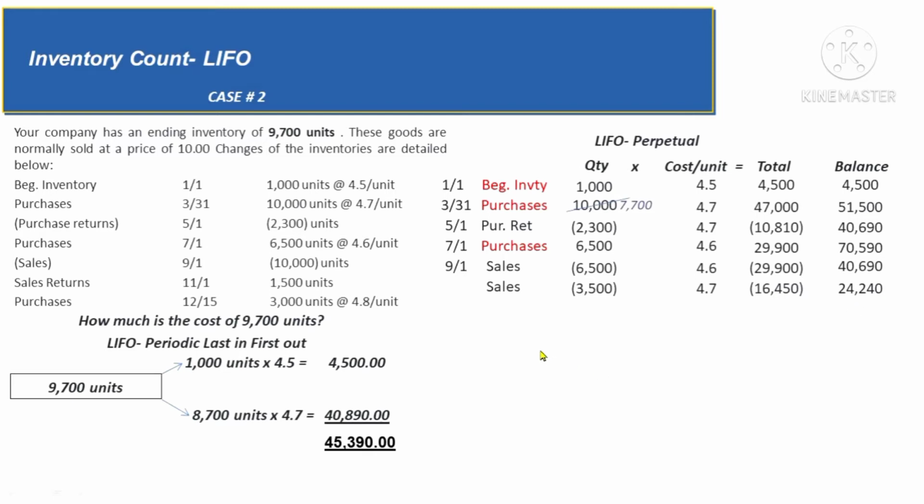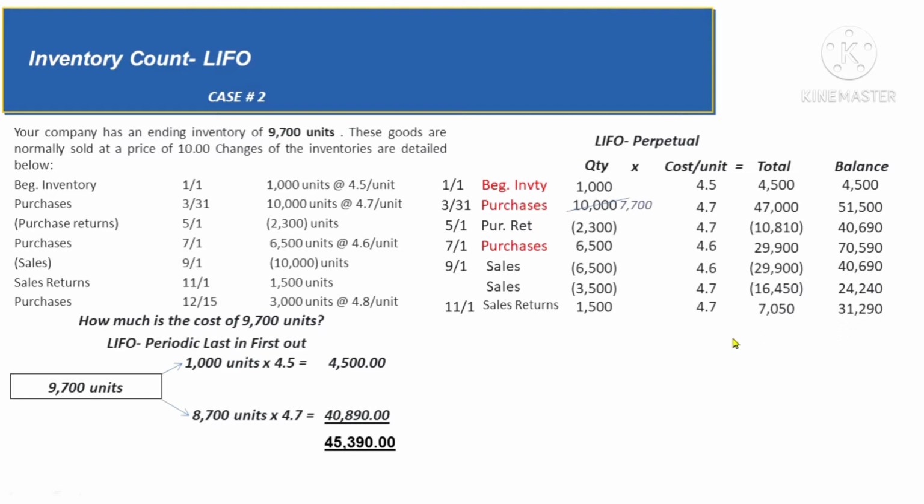Next, on 11/1, we have a sales return of 1,500 units, which the cost per unit that will be applied should be extracted from the most recent sales. So we have the most recent sales here at 4.7. So we have to put here the 4.7. So 1,500 times 4.7, then we will have 7,050.